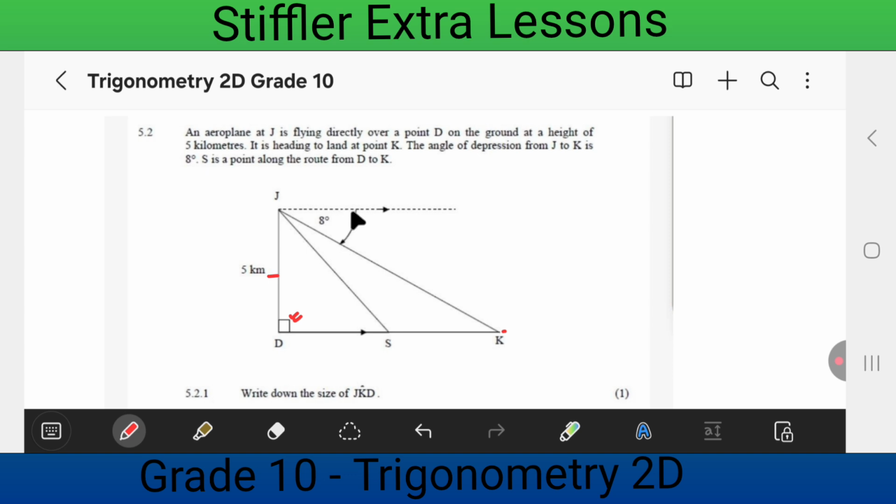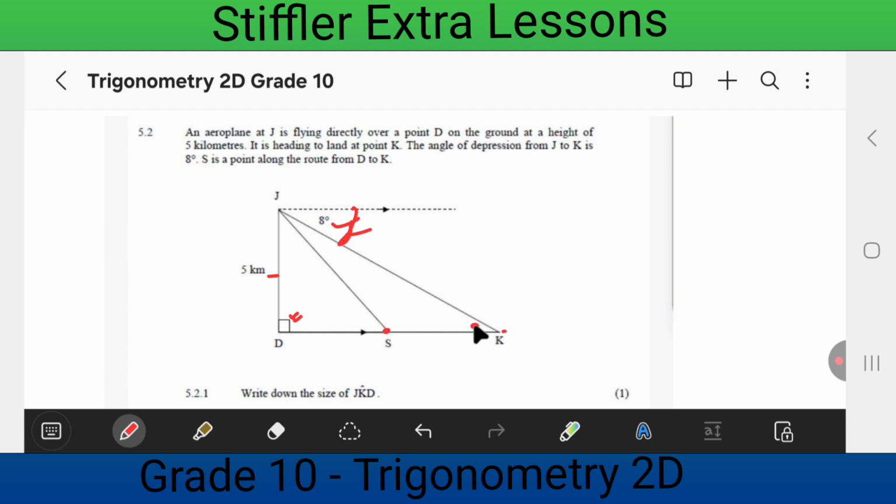So this angle of depression, like we said, what is the angle of depression? It is the angle connecting 2 points or 2 objects when you are viewing from above. So it is from the horizontal and the line that is connecting objects, just like that. S is a point along the road D to K. So we are also having the point S there. And now they're asking us what is the value of JKD, the angle of JKD.